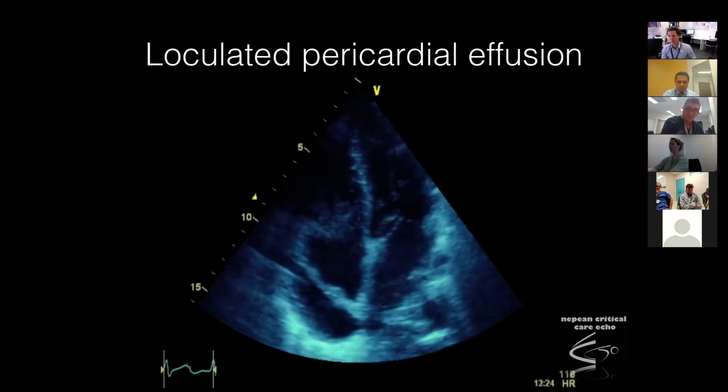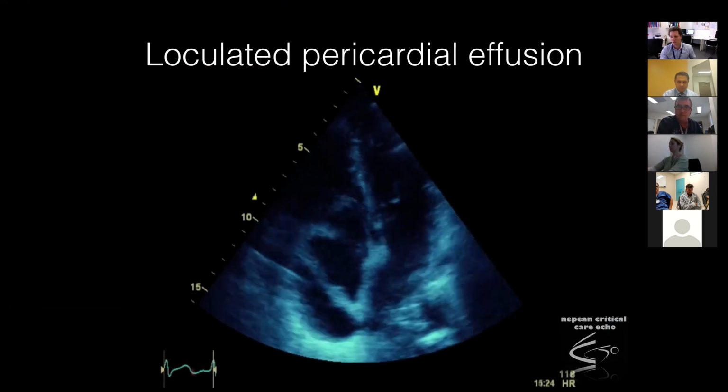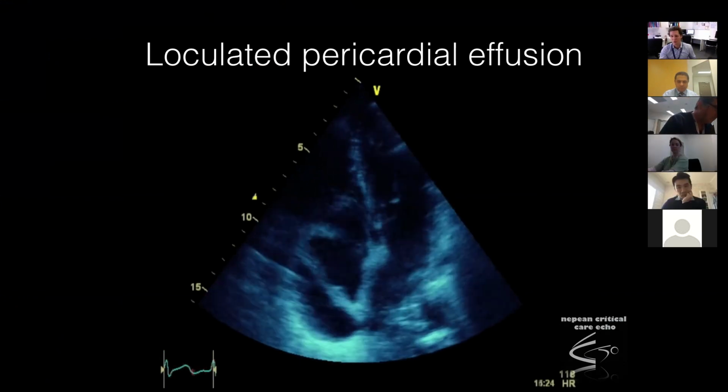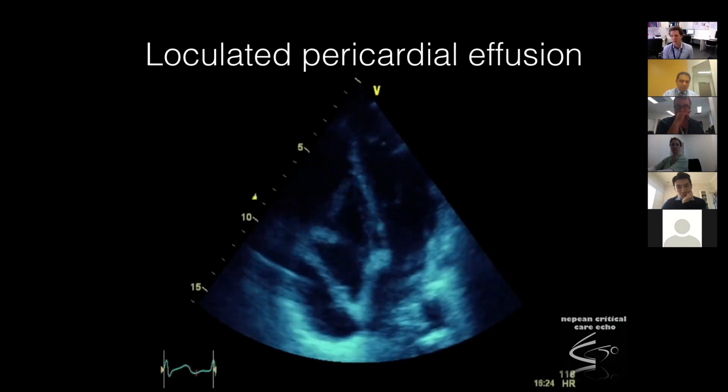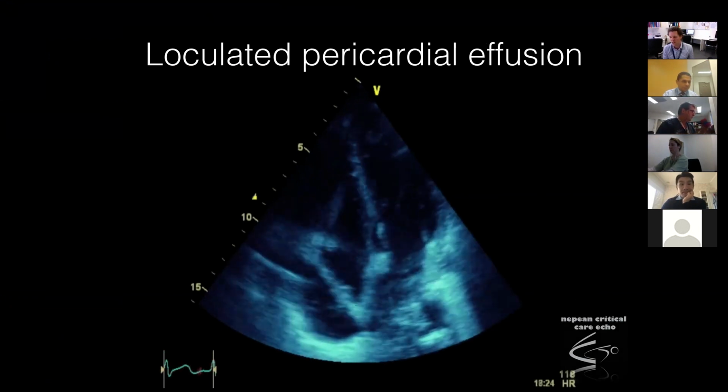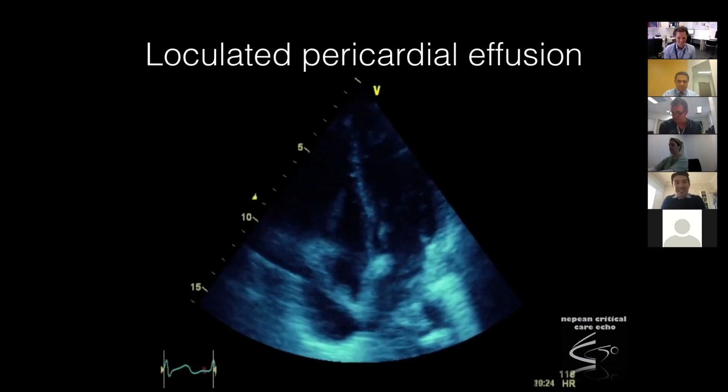I know a lot of you work in these centres, so please speak up if anyone has anything to say about these. But absolutely, I normally don't try and go in and get these. This is where you'd be talking to a cardiac surgeon. Ray, you do a lot of cardiac surgery, don't you? You're a cardiac anaesthetist. Would you ever have a go at a loculated pericardial effusion? Never. I've got surgeons at my beckoning. Yeah, perfect.